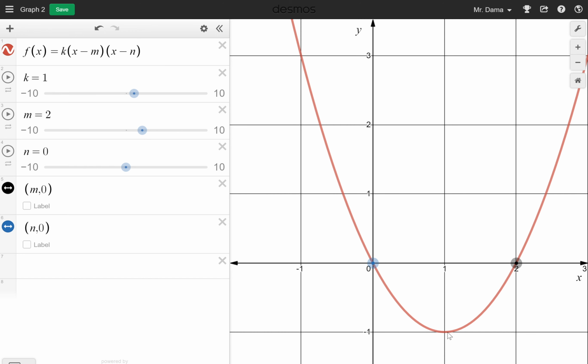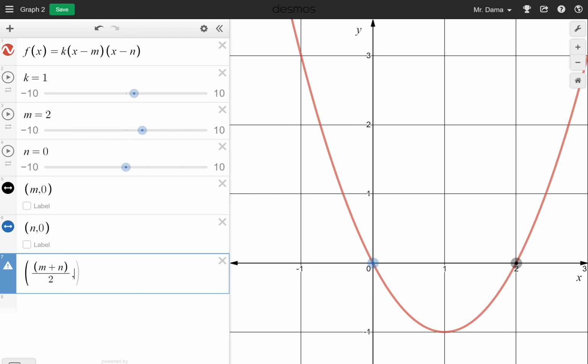My turning point is halfway between them, right? And so sometimes you might want to note that your turning point is the average of those 2 points. What's the average of m and n? M plus n divided by 2. Comma, what's the vertical part of that?